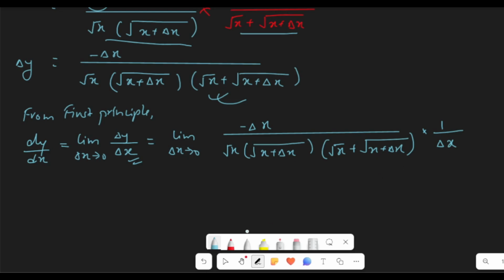So now this del x will cancel out. This means the indeterminate form is removed. Now we put 0 in place of del x. So this is 0, this is also 0. So this will turn out to be root x only. This is root x. Here we have root x plus root x, this is 2 root x.